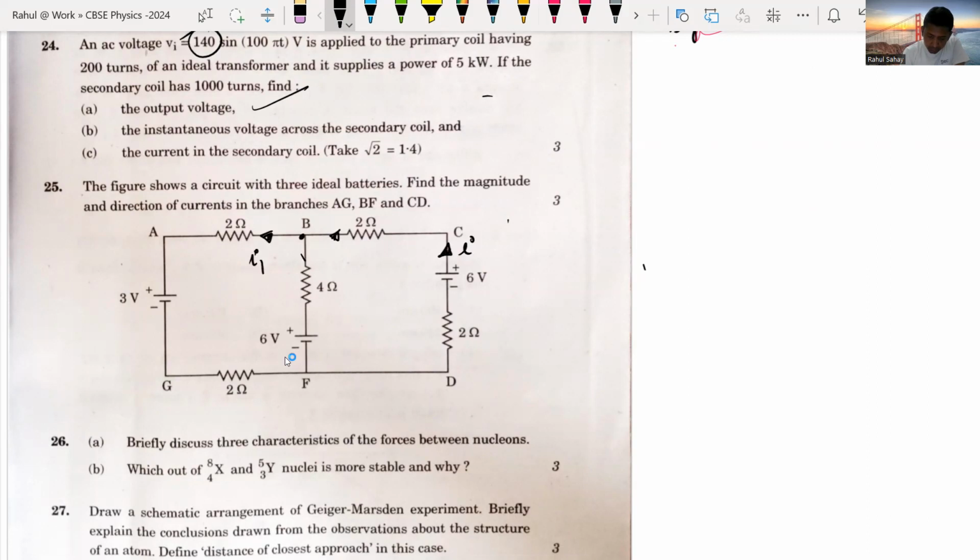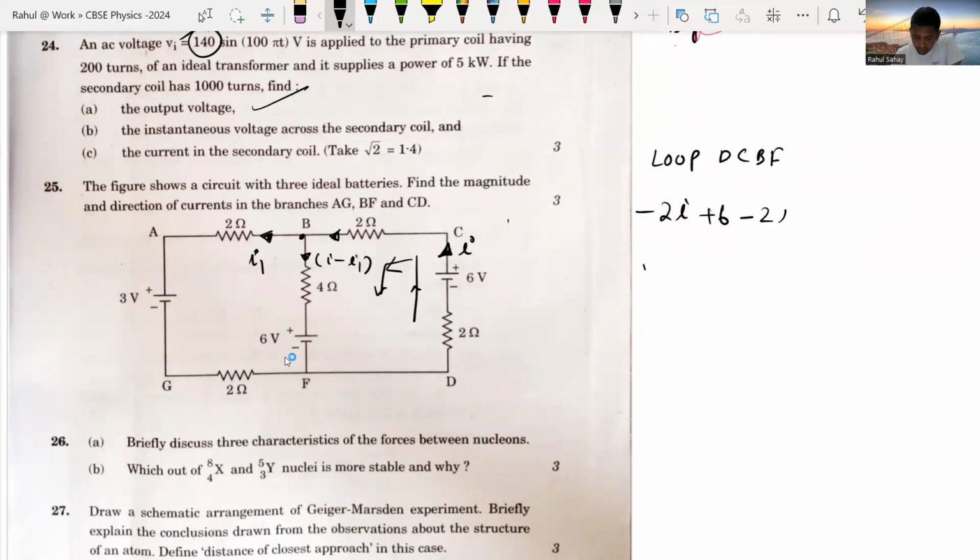This is I minus I1. So you can go in a loop like this. Loop DCBF. So you'll get minus 2I, I'll add the equation, you can solve. Minus 2I, so I'm going in the same direction, plus 6 volt, minus 2I again, I'm going in the same direction, then minus 4(I minus I1) minus 6 is equal to 0.